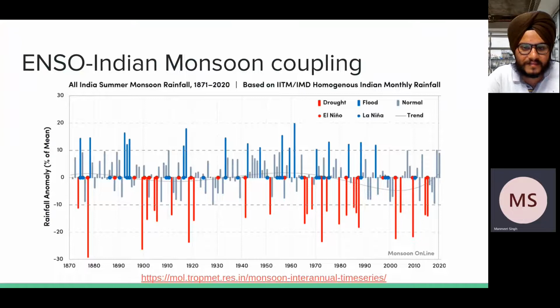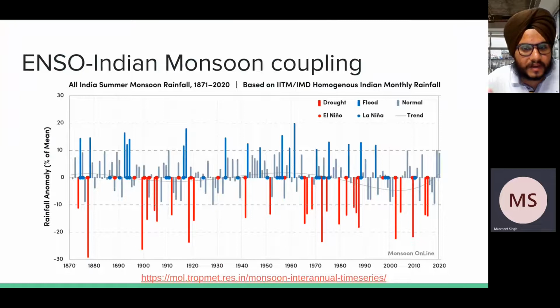Out of 10 El Ninos, 6 to 7 or sometimes 8 are associated with Indian monsoon droughts, and out of 10 La Ninas, a similar number is associated with monsoon floods or wet monsoon. So what happens in the El Ninos which do not lead to droughts, or La Ninas which do not lead to floods? This coupling is interesting.